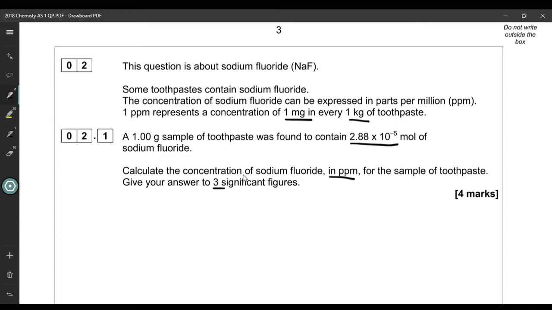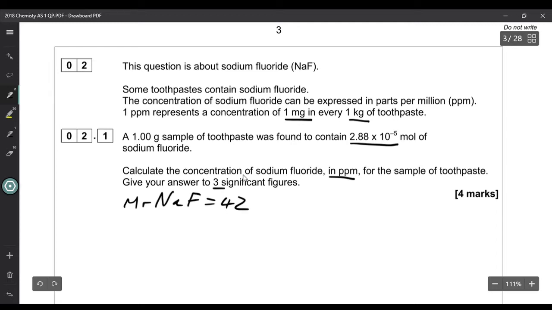So the first thing we need to do is work out the mass of sodium fluoride in this 1 gram, because if we're going to do the concentration in mg per kilogram, we're going to have to convert this 2.88 times 10 to the minus 5 moles into a mass. So first we work out the molecular mass for sodium fluoride, and that equals 42.